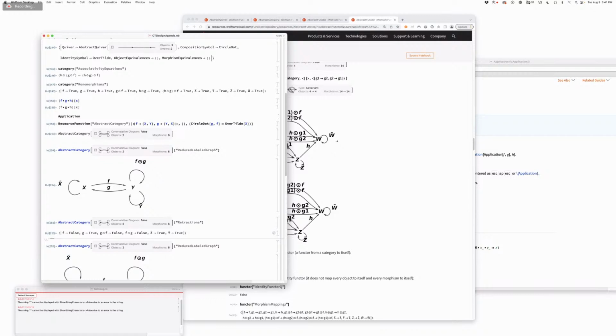And if you asked for left inverses as a property, you can see that explicitly. So G is now the left inverse of F. Okay. And so now if the morphism is both a left and right inverse, then it's an isomorphism.